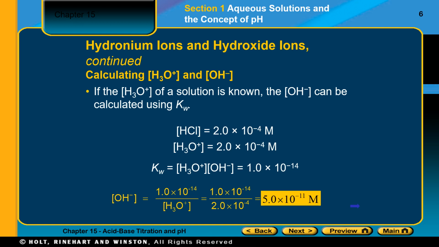So 1.0 times 10 to the minus 14 divided by the hydronium ion concentration, and we'll come up with the hydroxide ion concentration in molar. That's the hydroxide ion concentration.